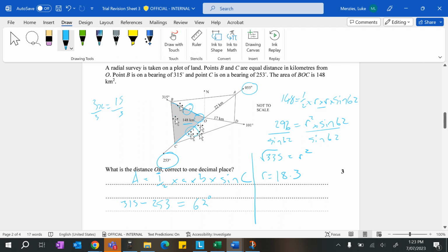Duh. Sorry about that. Had a mind blank for some reason. Okay, 18.3, we just found O to B is that one. I thought I'd do something else. But there you go. That's a tough question for 3 marks. A lot to do there. You would have probably got 1 for getting the angle, something for realizing to put it in terms of this substitution, and that final mark happens to be there.